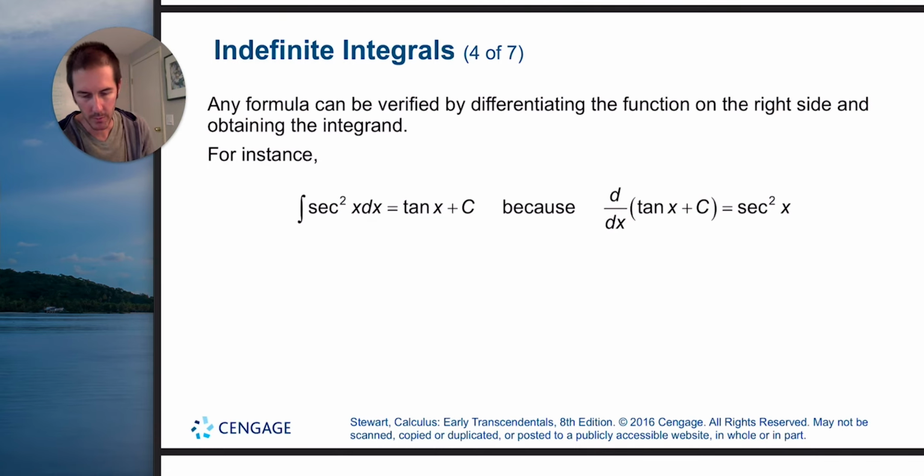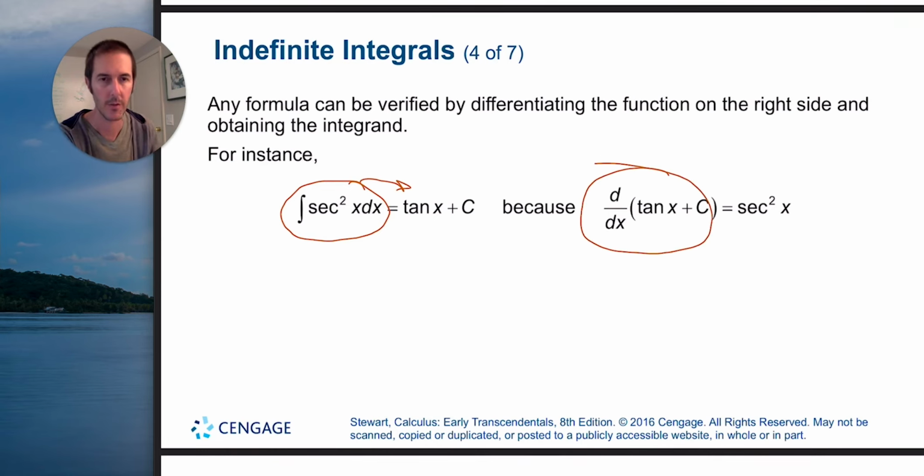Here, however, we're being reminded that the integral of secant squared of x is equal to the tangent of x, and if we took the derivative of tan x plus our constant value, of course, we would end up back at secant squared. And remember that the argument of an integral function is called the, oh, that's not true.